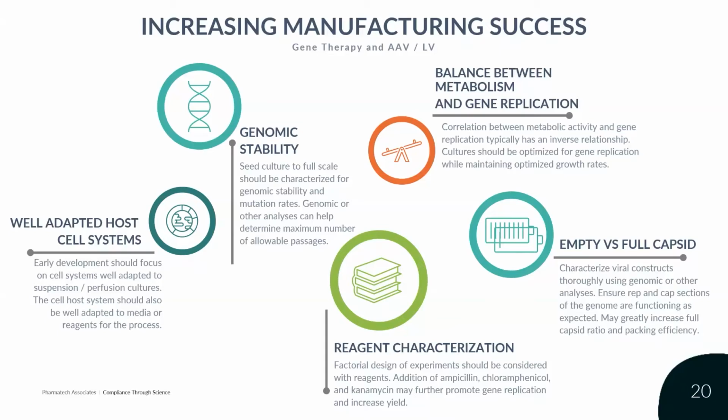What I mean is people aren't thinking in these factorial designs of experiments types of terms. Typically you have very many multivariate relationships between your reagent inputs and ultimately your process outputs.